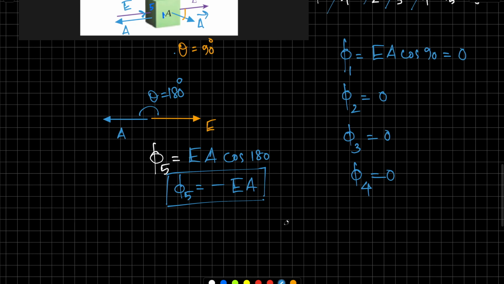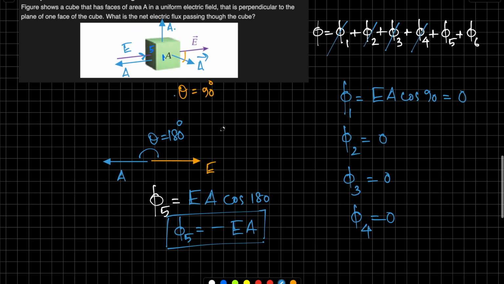Now what will be the equation for face number 6 then? Face number 6 is the one opposite to this face. You can't really see that, but it's a face opposite to that one. For that face, electric field is towards right and area vector is also towards right. They're in the same direction. So if you draw the area vector, it should be perpendicular to the surface, so it should be in this direction.